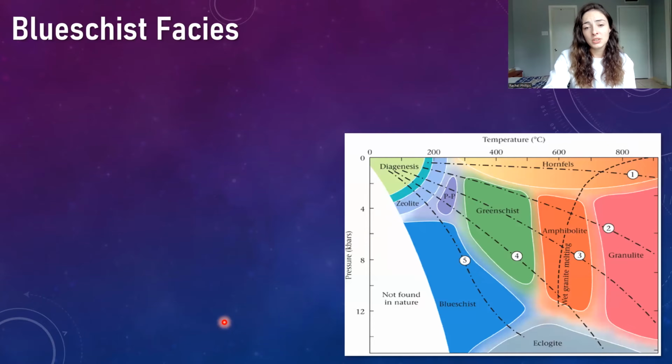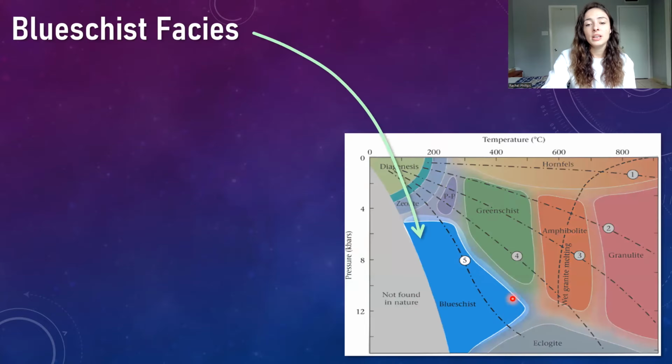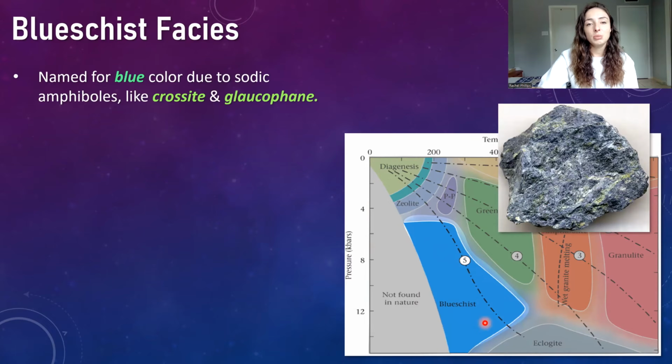Next, we have the Blueschist facies, which, as we can see on this graph, is higher in pressure than the Greenschist facies, but a little bit lower in temperature in some areas and the same in temperature in other areas, but where it's the same in temperature, it's much higher in pressure. And the Blueschist facies is basically defined by looking blue because of minerals like sodic amphiboles that have a bluish purple tint to them, like crossite and glaucophane.